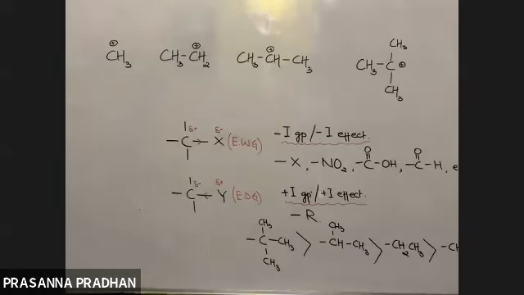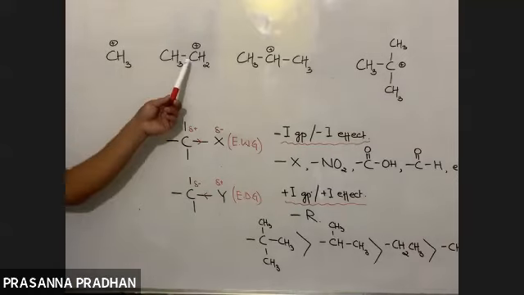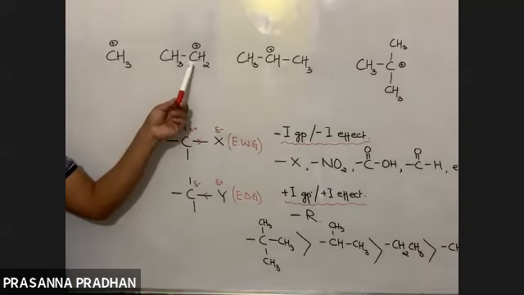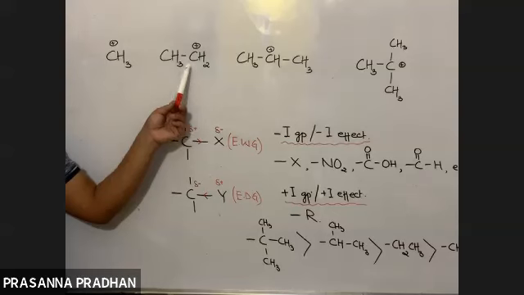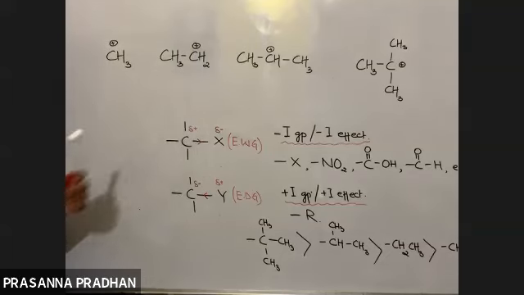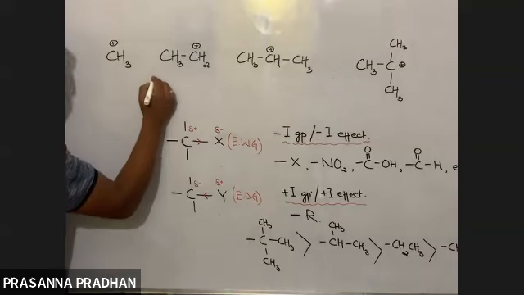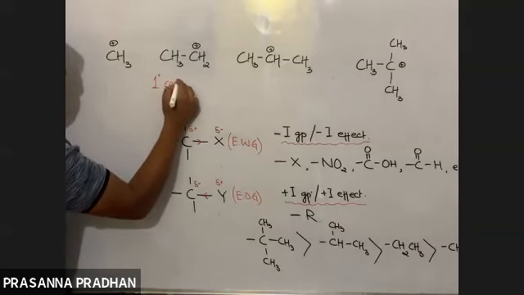Now see, methyl carbocation, just leave it. Starting from the second, here the positive charge is on what type of carbon? Is it primary, secondary, or tertiary? Primary. So since the positive charge is on primary carbon, this comes under the category of primary carbocation.